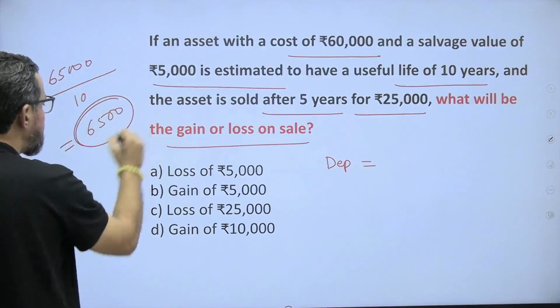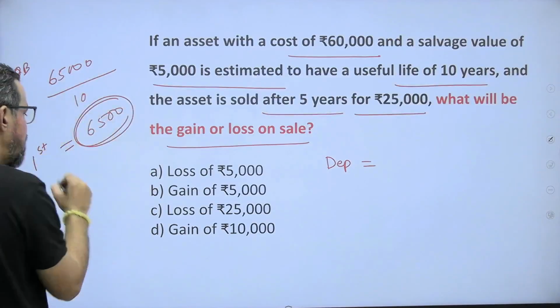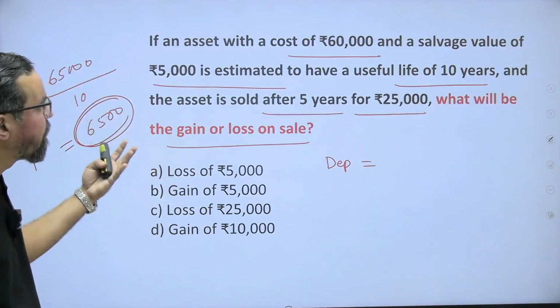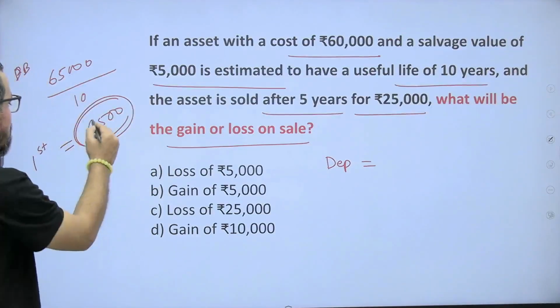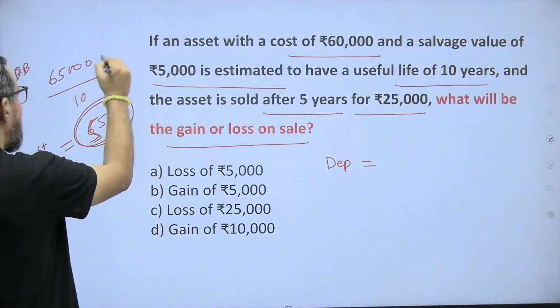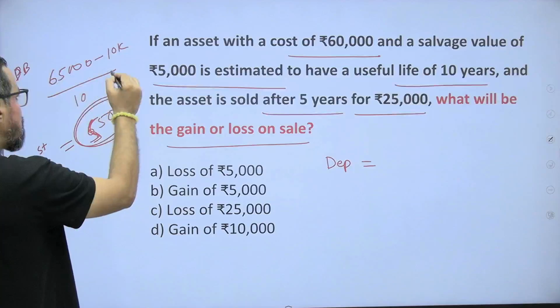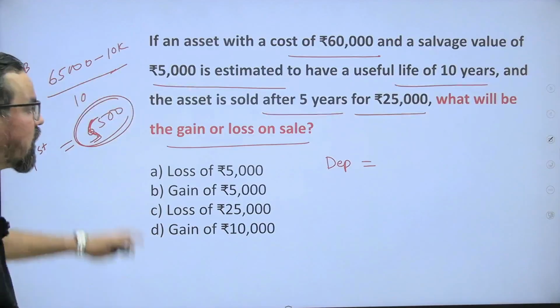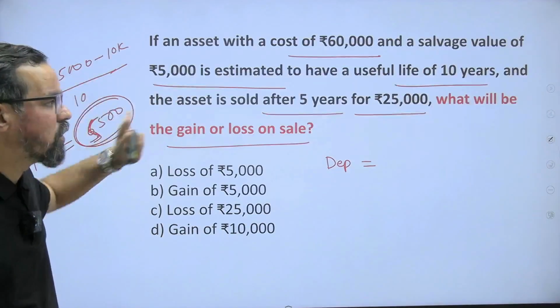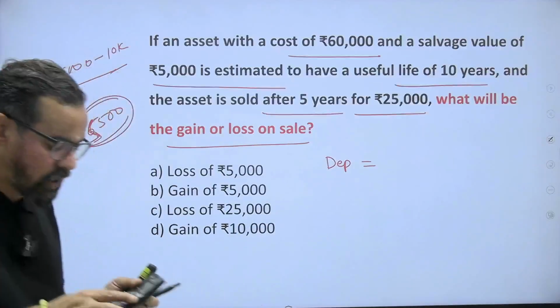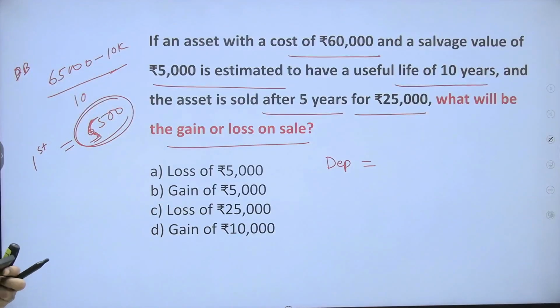So the first year depreciation will be 65,000. Second year depreciation is 65,000. Third, sorry, it is 55,000. 55,000 minus 10,000, so it is your 55,000. Divided by 10 is 5,500. So 5,500 for the 4 years. If you multiply this, how much will it come? 5,500 into 4.